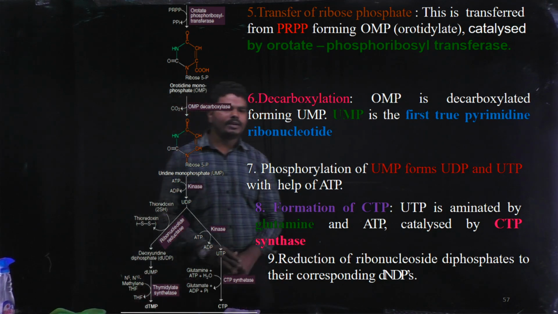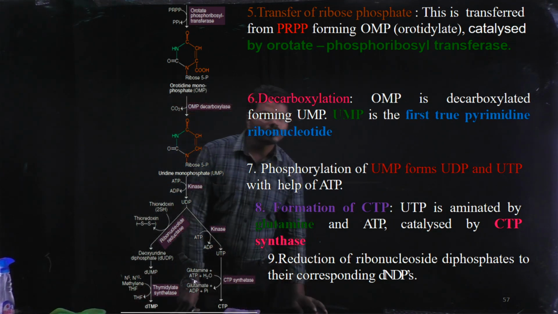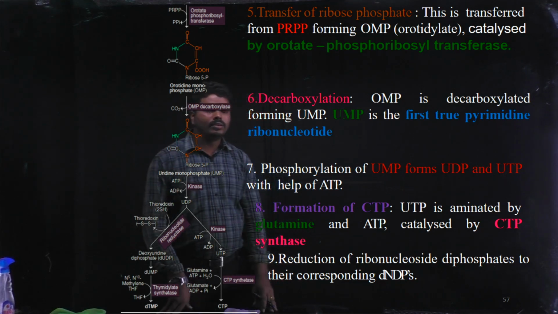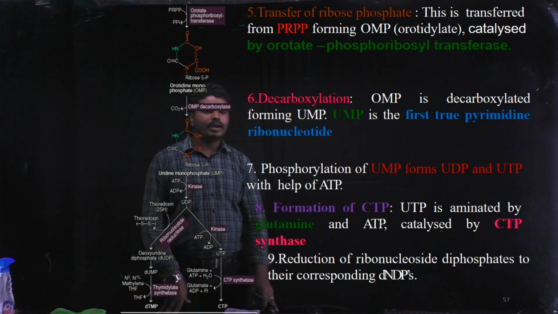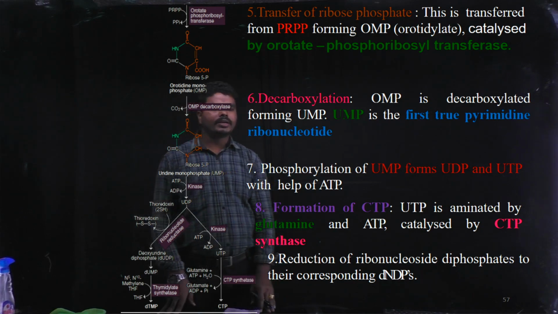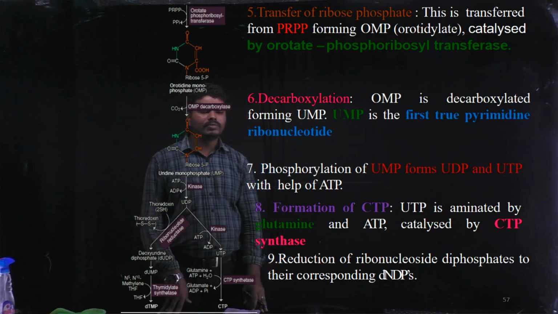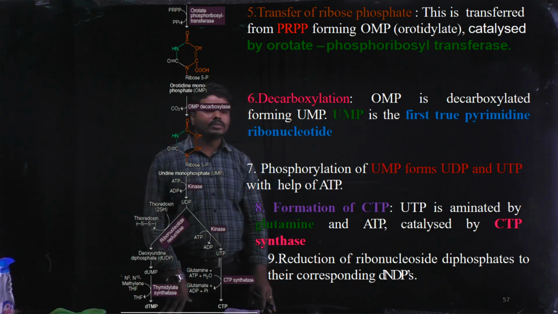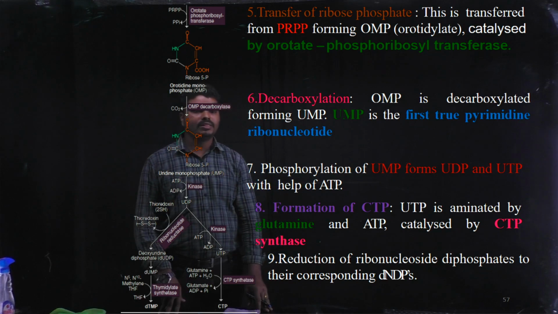Okay, and then the formed uridine triphosphate, utilizing the ATP, is subjected to amination, so it will form cytidine triphosphate by using CTP synthase.